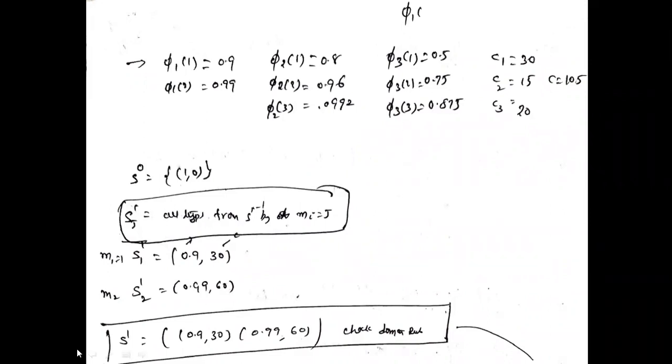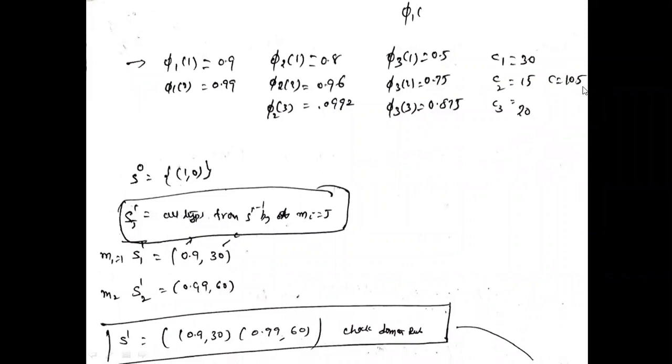Next, the second one, (0.99, 60). This means the number of devices in the first stage is 2, reliability is 0.99, and cost is 60. So suppose in the first stage we are placing 2 devices, the cost is 60.